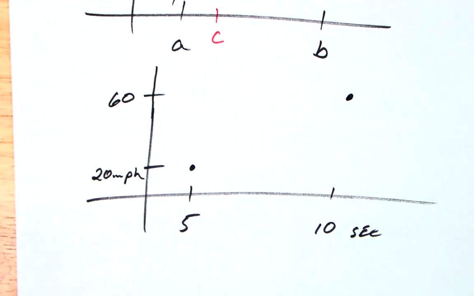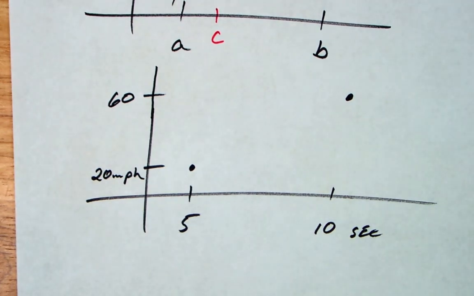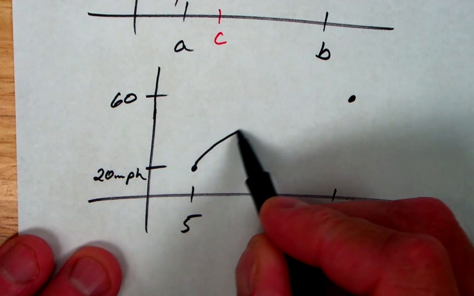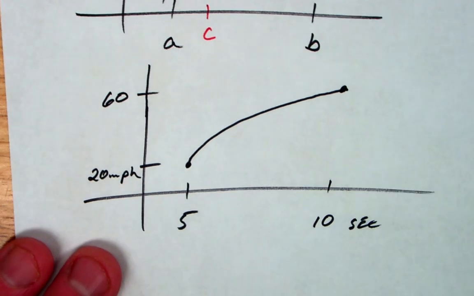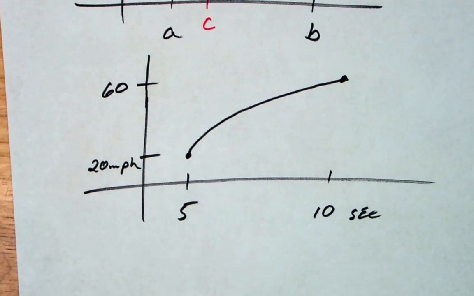Then at some point in time, were you going 40 miles an hour? Yeah. At some point, were you going 37 miles an hour? At some point, were you going 59 miles an hour? Yes. Okay? So, most likely it would probably look something like this. But anyway, that's what's called the intermediate value theorem.